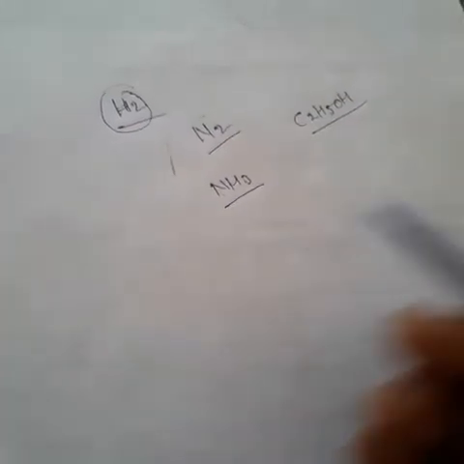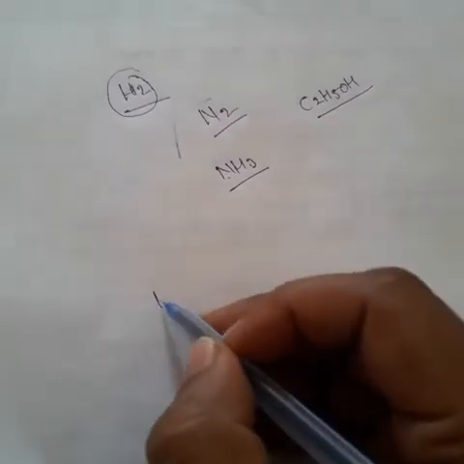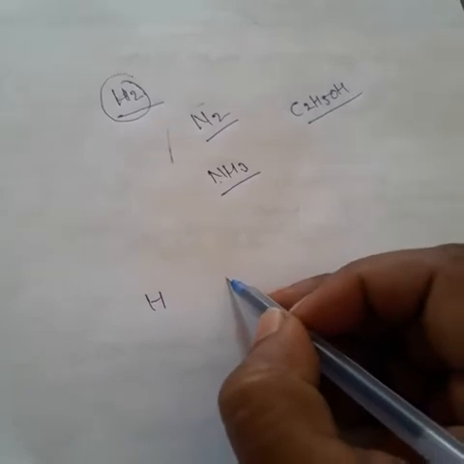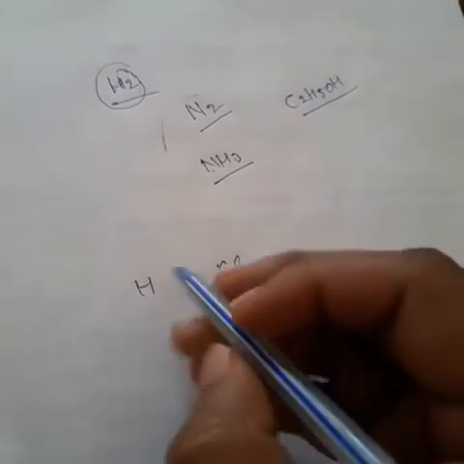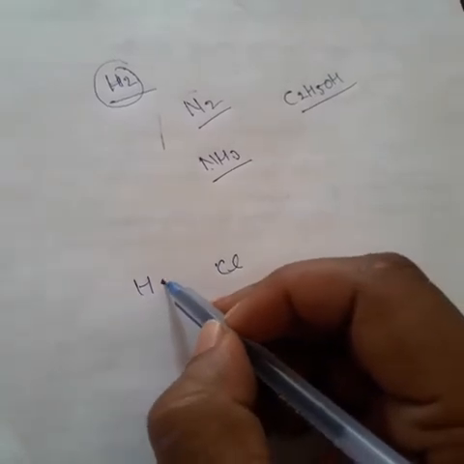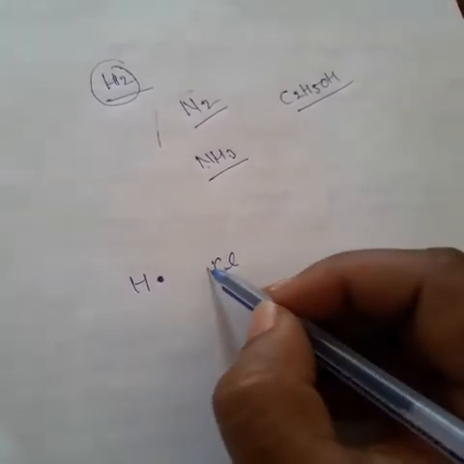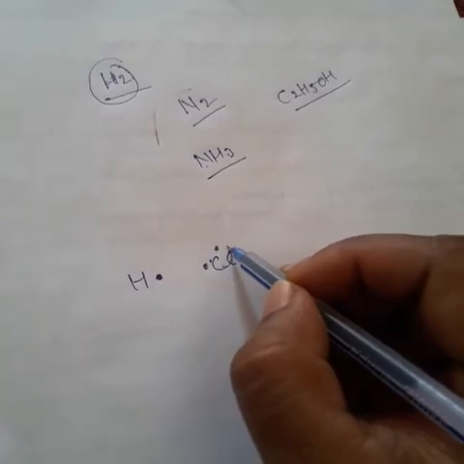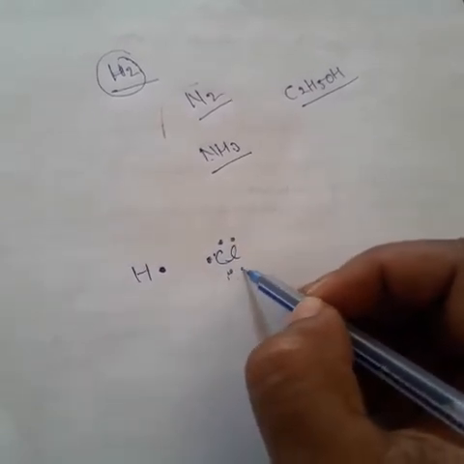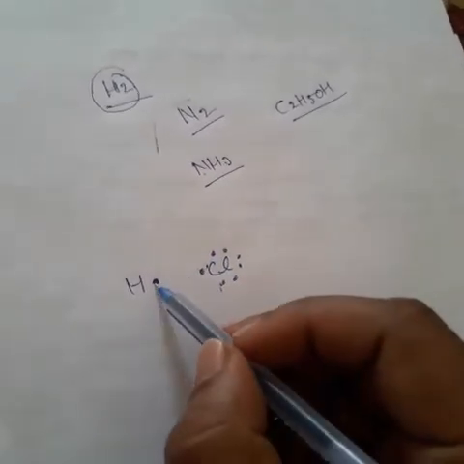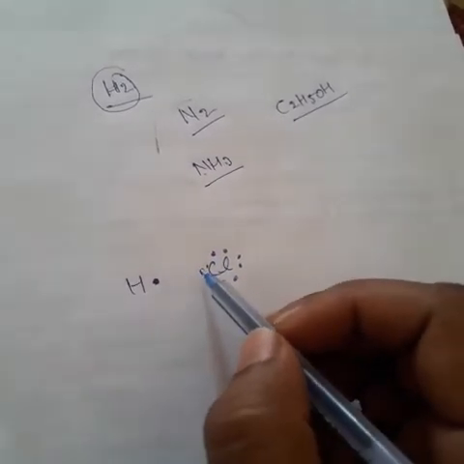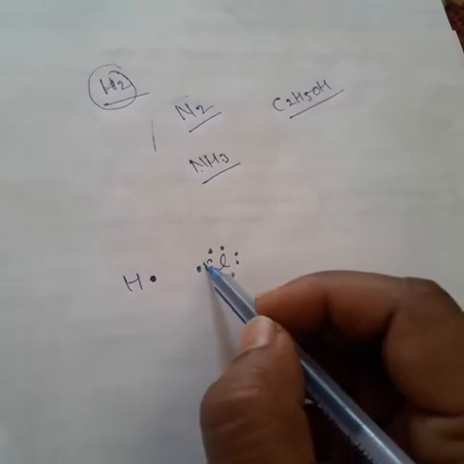And how do transfer and sharing of electrons happen? Suppose that we have hydrogen and we have chlorine. Hydrogen has one valence electron and chlorine has 7 valence electrons. If hydrogen takes one electron of chlorine, then its duplet is completed.